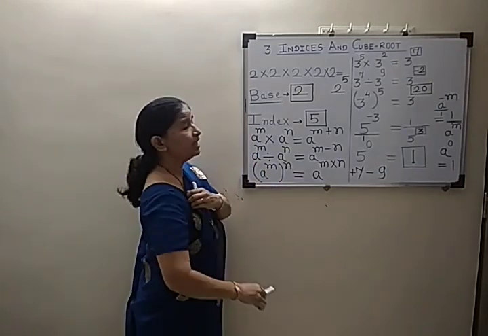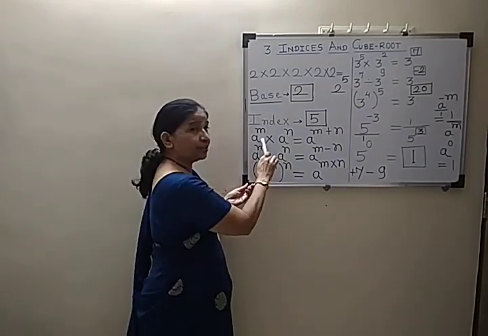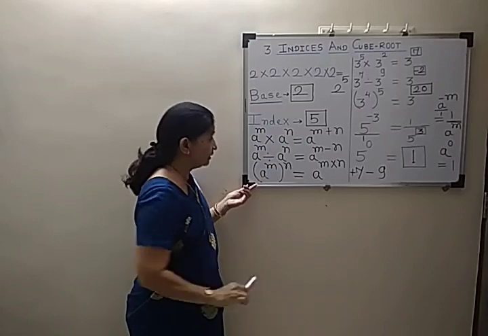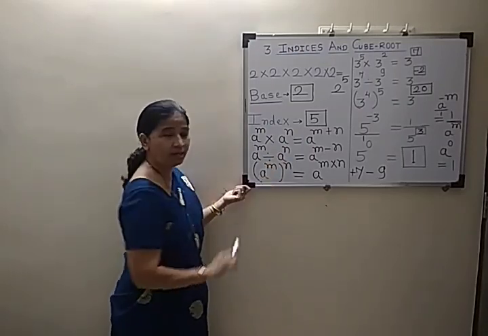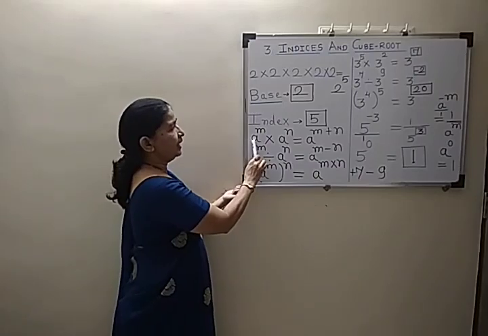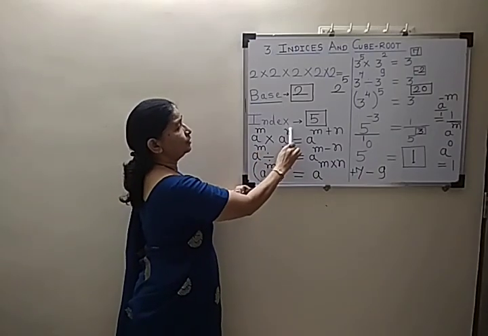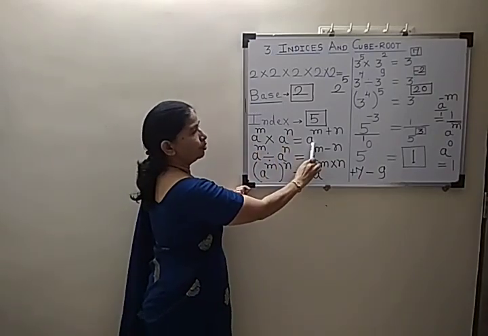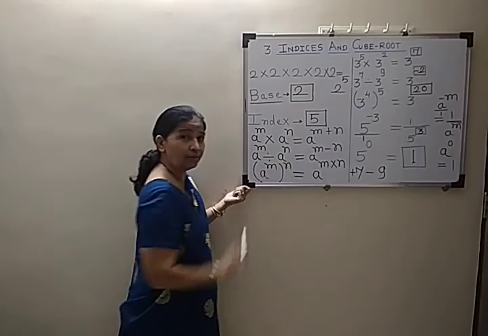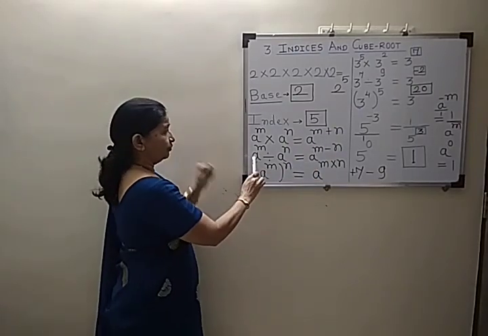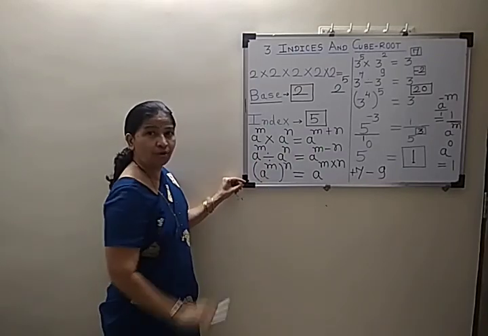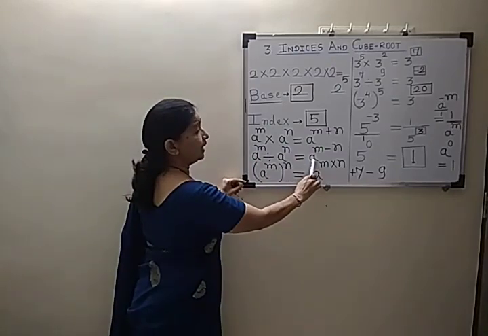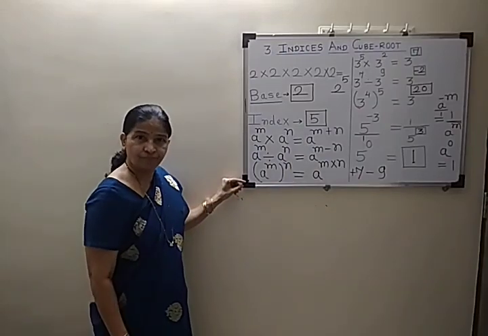So today we revise that rule of indices which we had studied in 7th standard, that a raised to m into a raised to n is equal to a raised to m plus n. Then a raised to m divided by a raised to n is equal to a raised to m minus n.